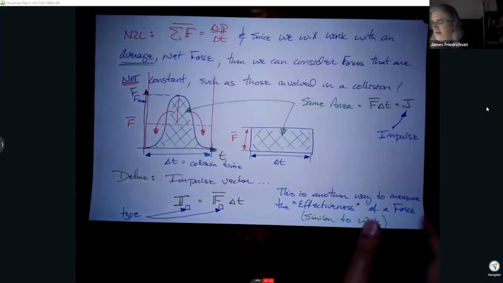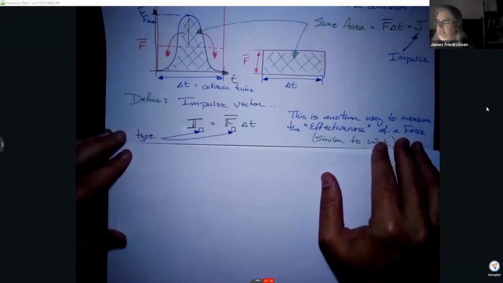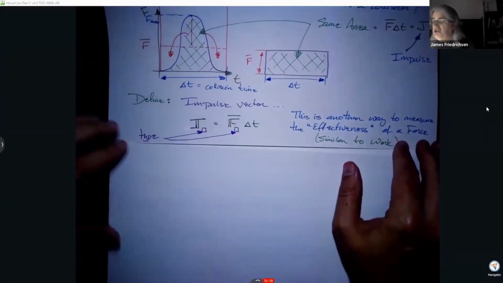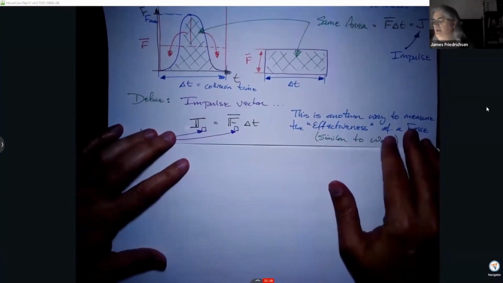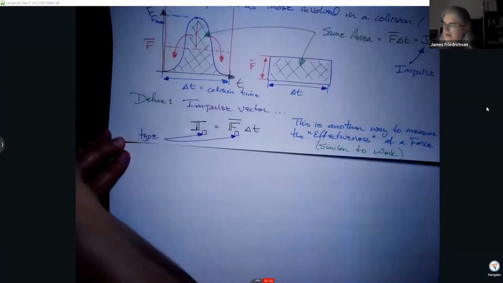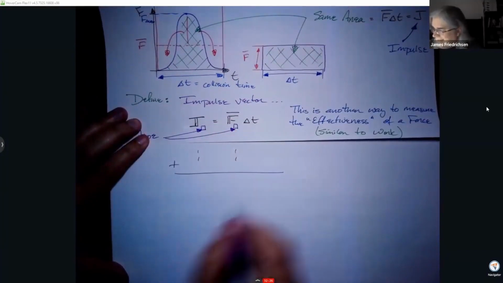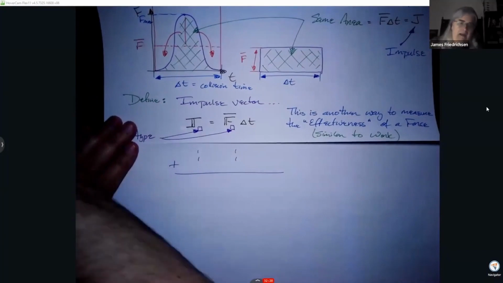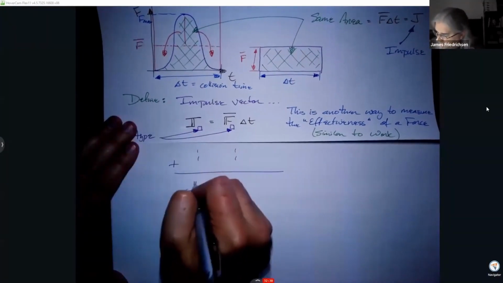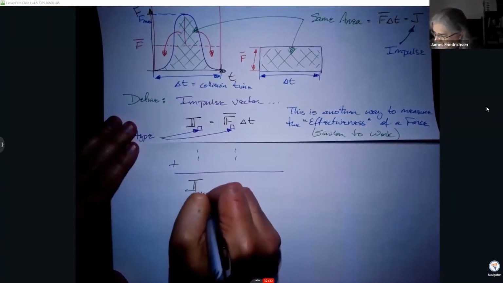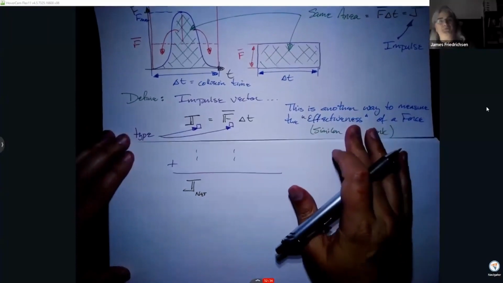And so then, very similar to what we would do, we would calculate the impulse due to each type of force, just like we did with work. And then we would go in and add these all up. And what we would get is what they'll refer to as the net impulse.